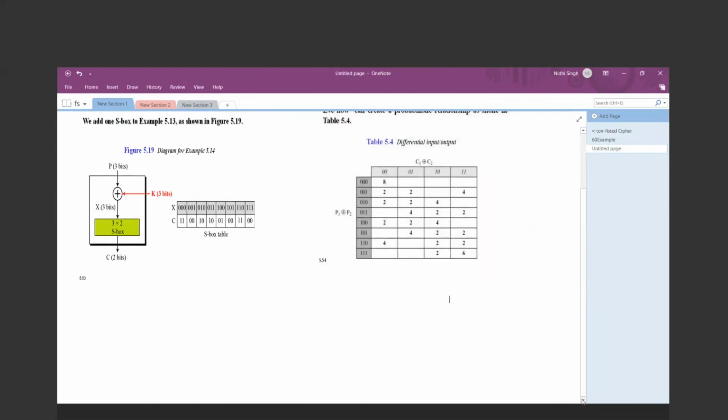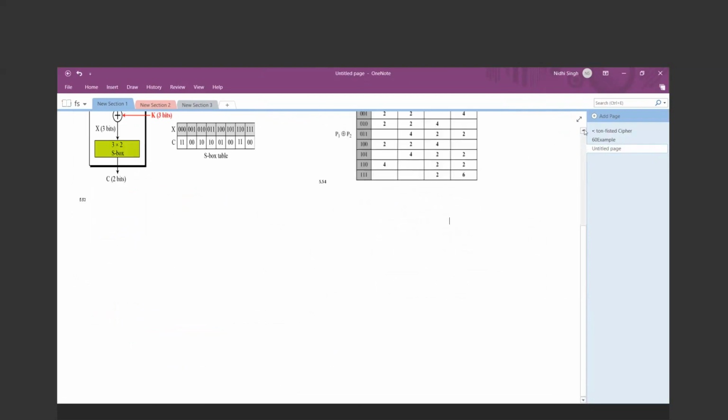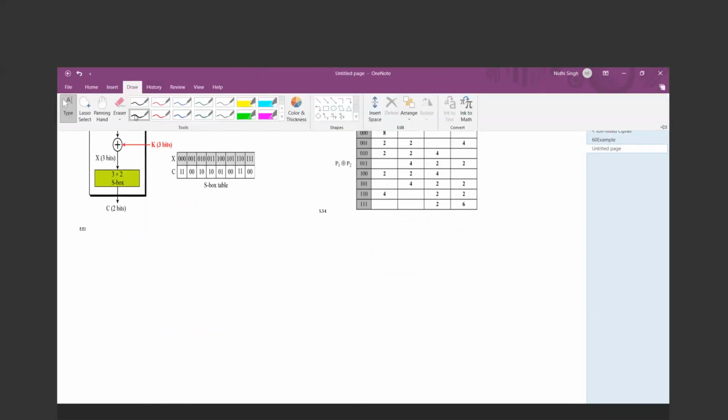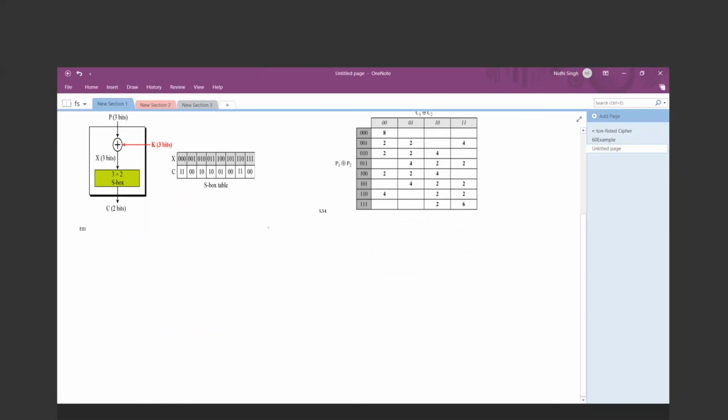Okay. So let's take one example. So my relation already has P1 XOR P2 and C1 XOR C2.